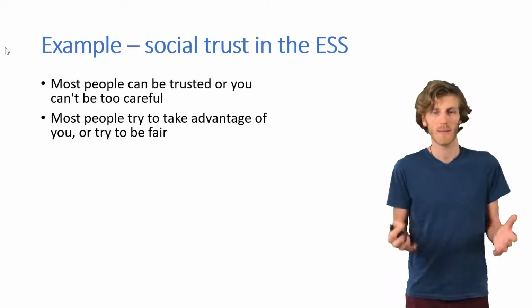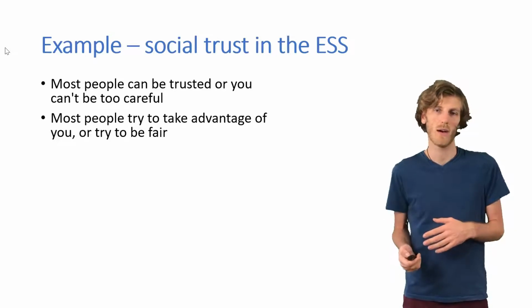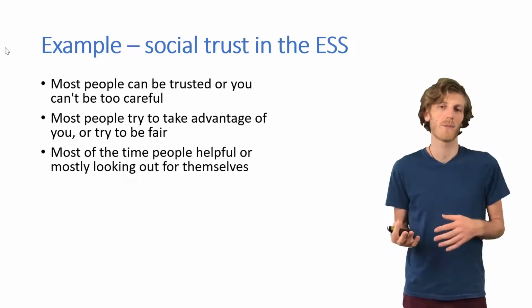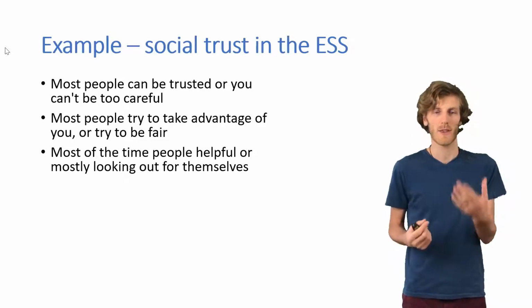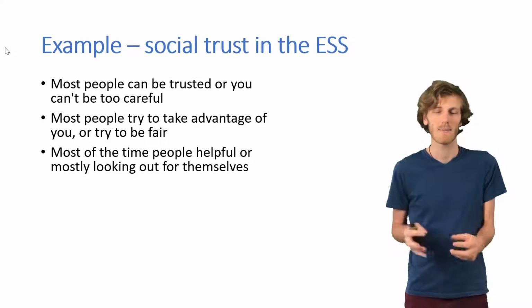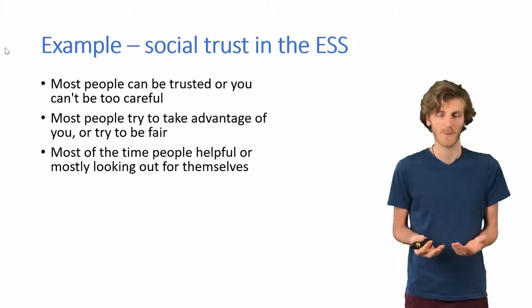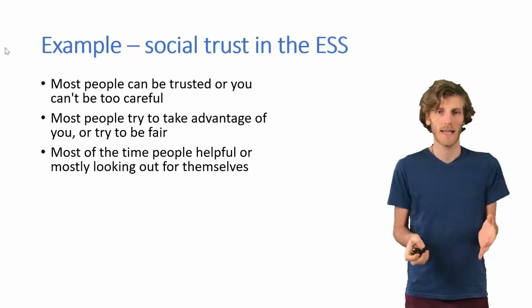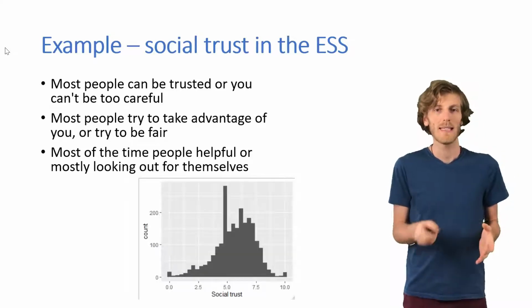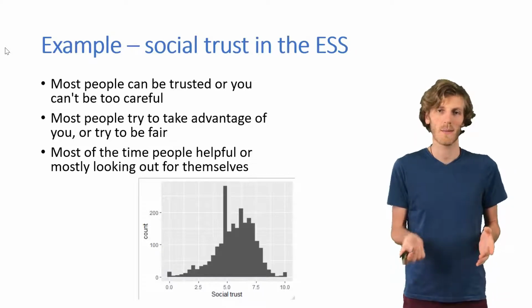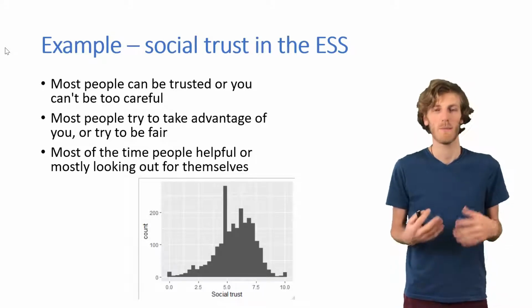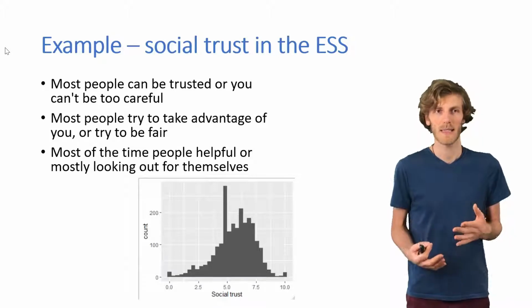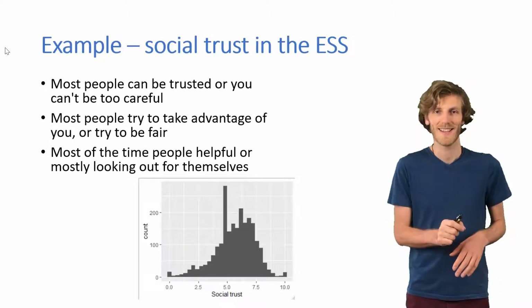So they ask, well, do you think most people try to take advantage or are fair? Or do you think most people are helpful or look out for themselves? And then we now have a 3-item scale that's meant to tap into social trust. If we now calculate an average of these 3 items, we can already see that we get a much more continuous histogram, a much more continuous distribution than we would ever be able to get from one rating item. So that's already an achievement here.